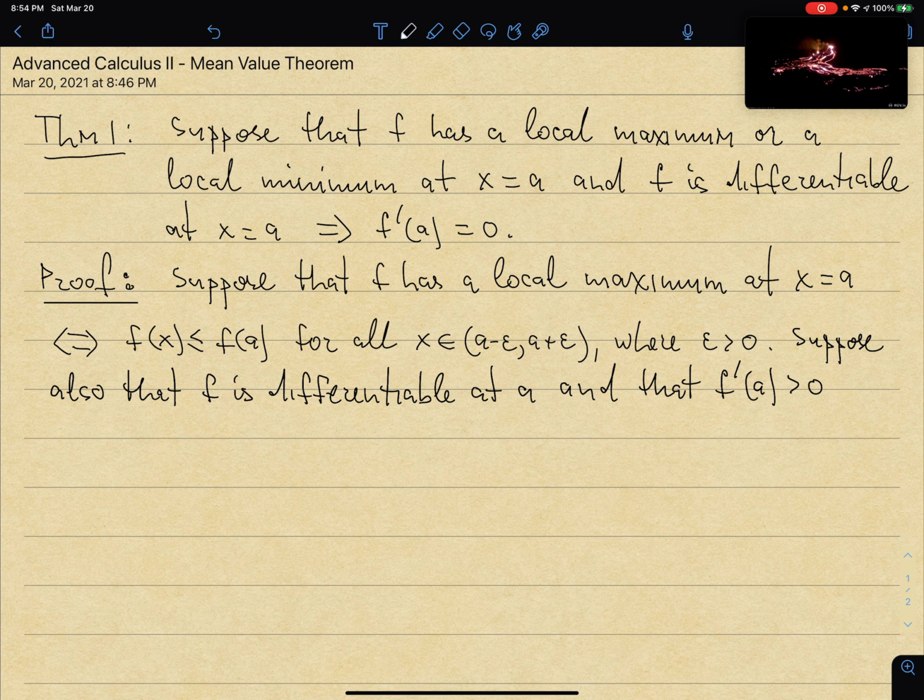And what we want to do is show that we're going to get a contradiction this way.